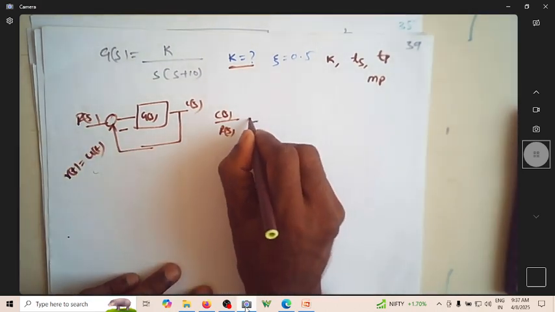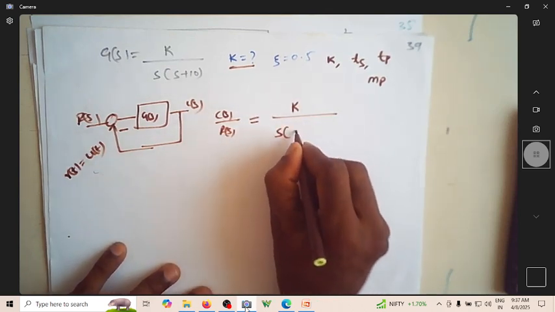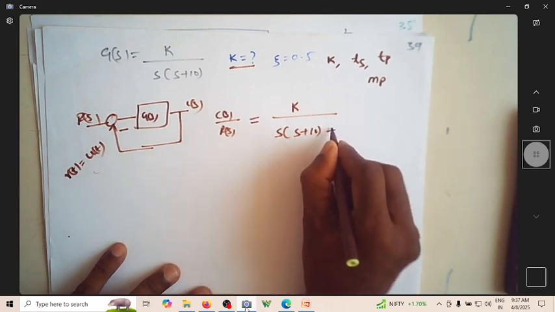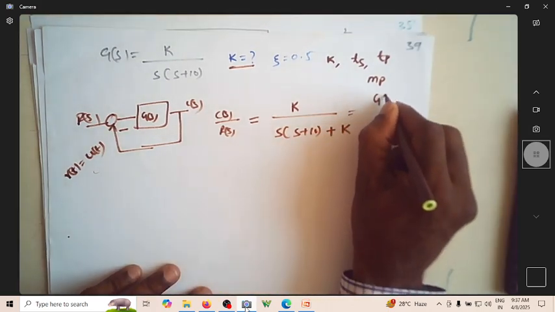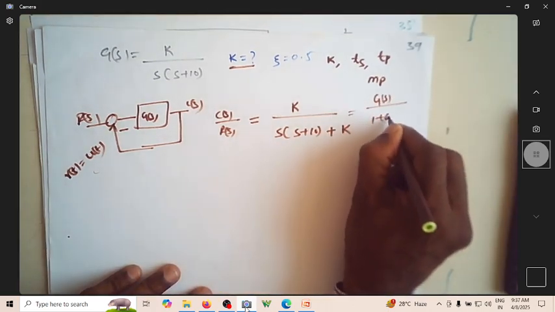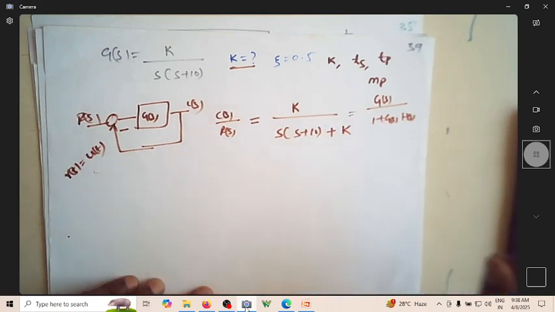So we know that this is given by K by S into S plus 10 plus K. Of course, this is obtained from G(s) by 1 plus G(s) into H(s), where H(s) is 1. Upon solving, you will get this as your expression.